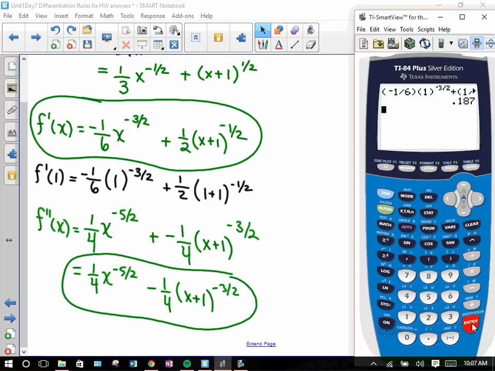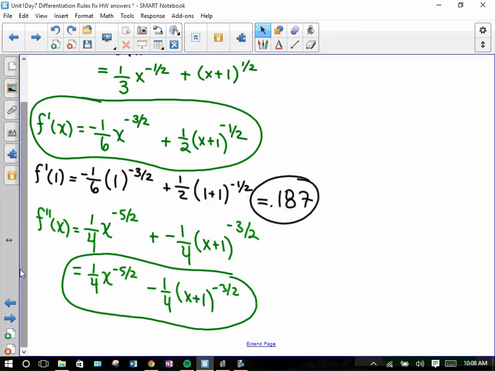Alright. So right there we got a value of 1.87. And then we do the exact same thing. We plug 1 in everywhere here.